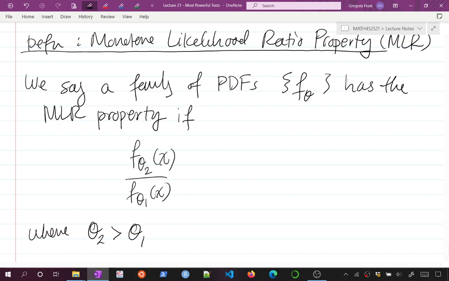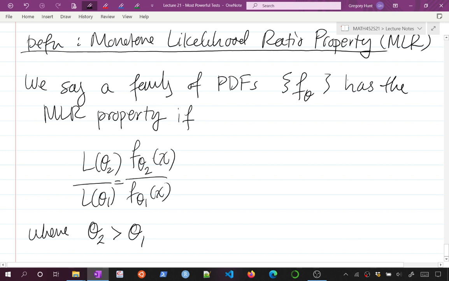And I'm going to look at the ratio, the likelihood ratio, hence the name, of f_theta2 over f_theta1. So one way to think about this is like L of theta 2 over L of theta 1, right? This is basically the likelihood ratio, because PDFs are just a rebranding of likelihoods, or likelihoods are a rebranding of PDFs.